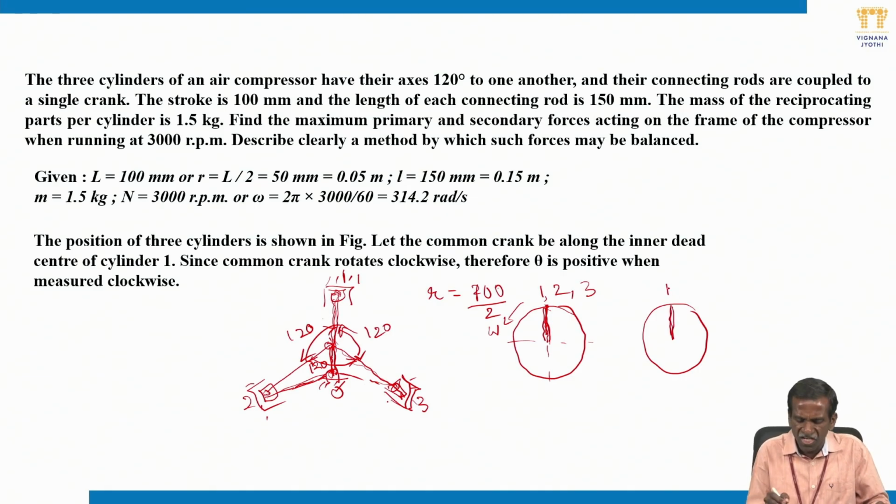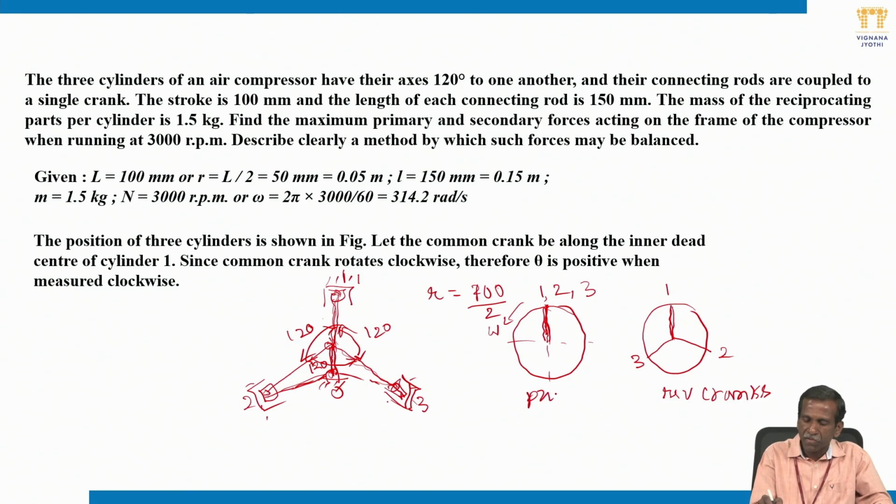But cylinder 2 is minus 120, the opposite direction, it should rotate anti-clockwise by 120, so this is the cylinder 2 reverse crank position. And the third cylinder should rotate minus 240 in the anti-clockwise direction. Then the reverse crank of the third cylinder is this position. Are you able to understand? These are the reverse crank positions, imaginary cranks positions.